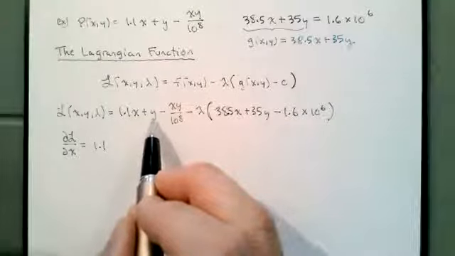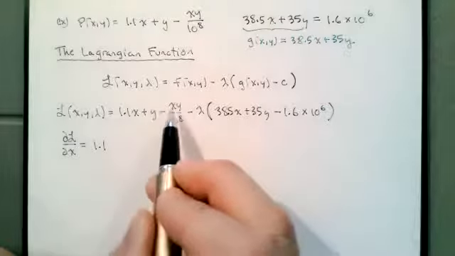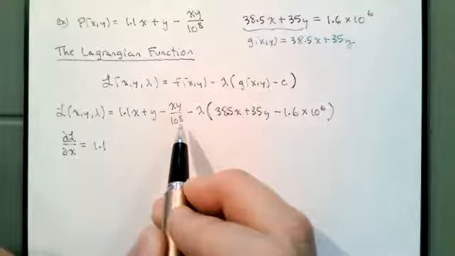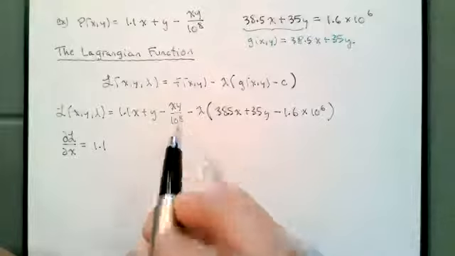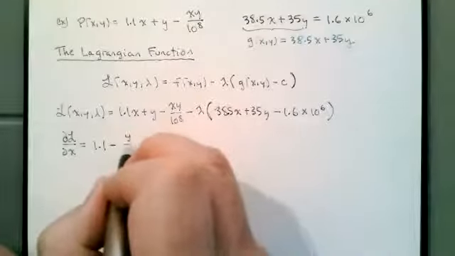The derivative of y with respect to x is just 0 because y is a constant term. The x is the variable in x y over 10 to the 8th, and y over 10 to the 8th is all constant. So we'll have minus y over 10 to the 8th.